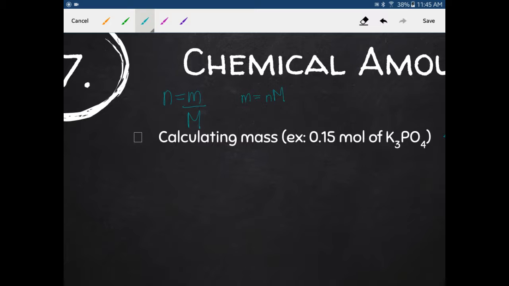So I write down my formula: mass equals moles times molar mass, and it's giving me values in moles. So my moles is equal to 0.15 moles of potassium phosphate.